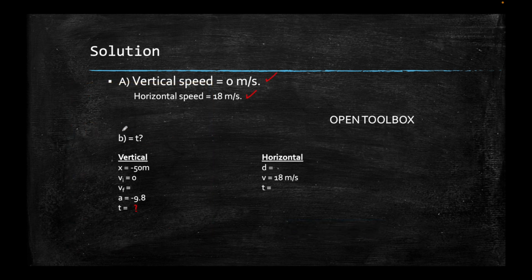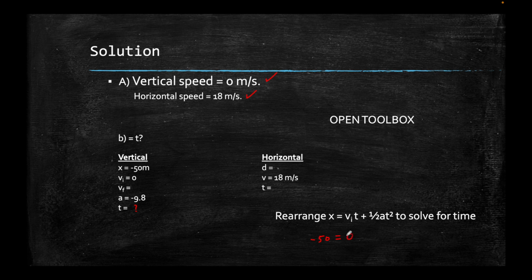So let's see if we can figure this out. We're going to take this rule to solve for time. You can use Shift Calc, or you can rearrange to get T. So if I was to put Shift Calc in, I will write minus 50, then I'll press alpha equals, and then I will get my VI times T. Well, I don't know T, but I know VI is 0.